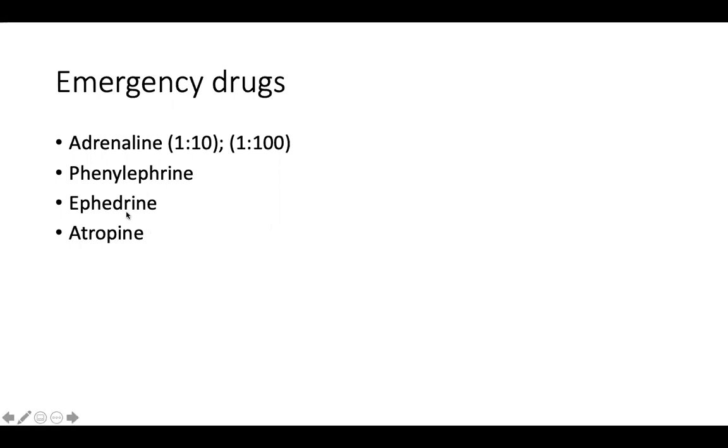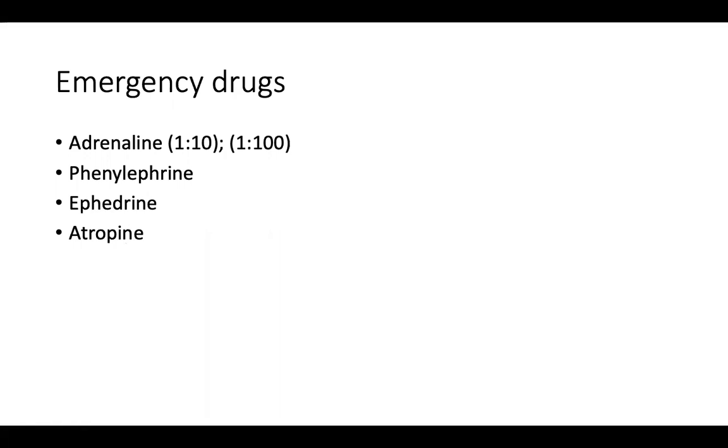Then atropine is not an absolute must. I don't really use atropine anymore because if a patient becomes bradycardic, it's better to give boluses of adrenaline. That's safer. And you need to really know why the patient is bradycardic. If they are bradycardic because of hypoxia and you give atropine, you are worsening the patient's condition.